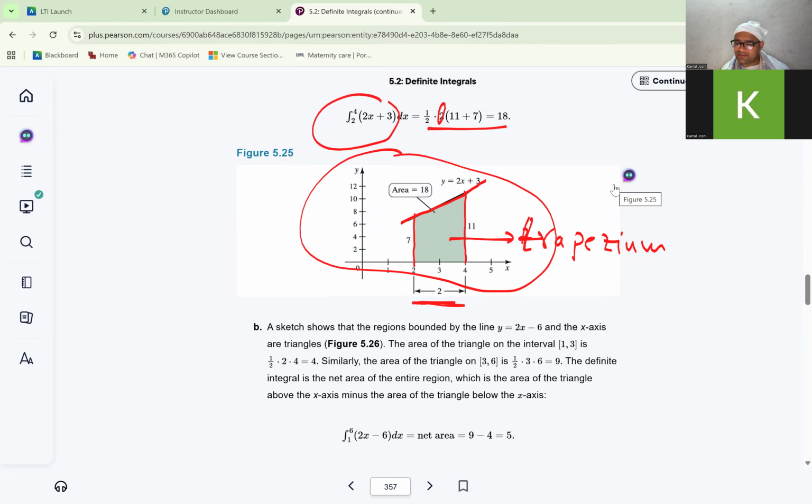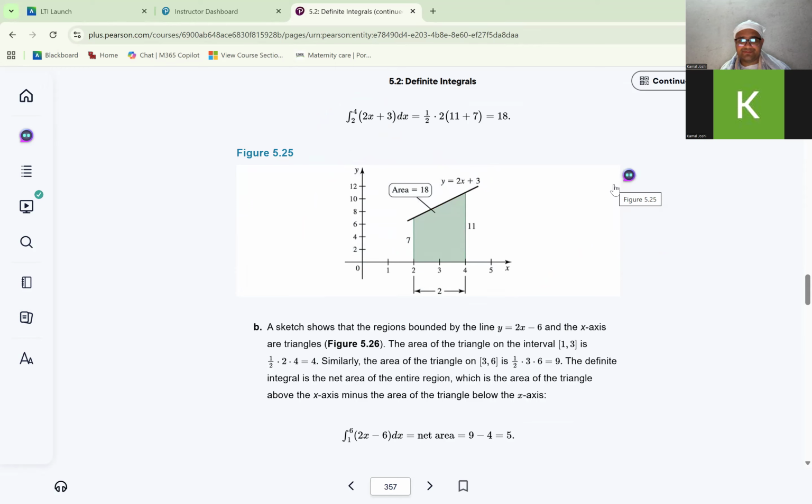And the 11 and 7 come from where? The values of the function. 7 is the value of the function at 2. 11 is the value of the function at 4. And that area is this integral. So this is an example of computing the definite integral using geometry.